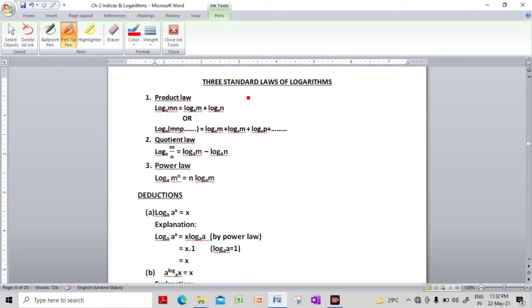I can explain this with the help of an example. Suppose you need to calculate log of 2.3 into 3.7 to the base 5. Then instead of doing the lengthy calculation, with the help of logarithm, this can be further simplified and written as log of 2.3 to the base 5 plus log of 3.7 to the base 5.